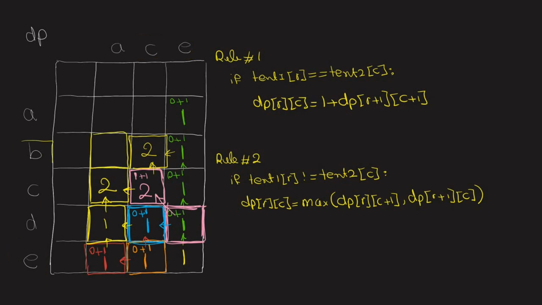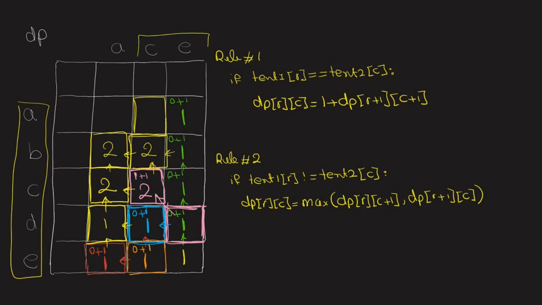We are comparing this one to ACE. B doesn't match A. Rule number 2. Max from right, from down, it's 2. Now let's consider this cell. For this cell, we are comparing A, B, C, D, E to CE. A doesn't match C. Rule number 2. Max from down and right. So this one is also 2.